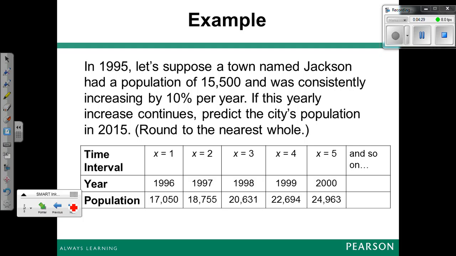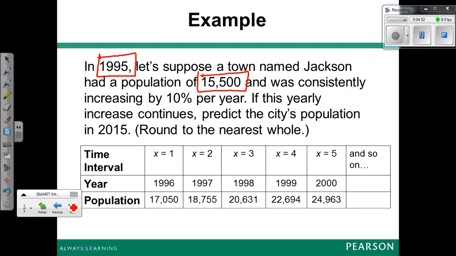If this yearly increase continues, predict the city's population in 2015. Round to the nearest whole. As you notice, this is telling us the population in year 1995, and the population was 15,500.